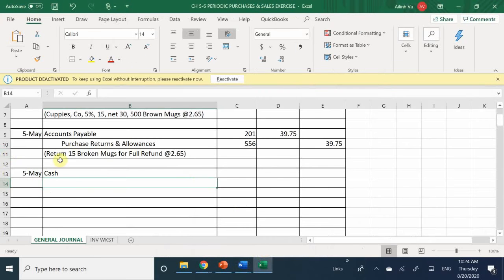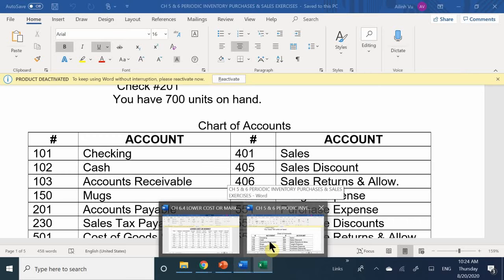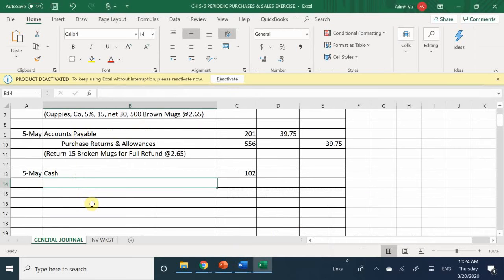Okay? So next question is we incurred sales. Now, is sales a debit or a credit? Credit. It's a credit. And is my sales specific in my chart of accounts? No, it's just sales. All right. What else do we need to include if we incurred sales? Tax. Sales tax payable. Yep, we have to include sales tax payable.